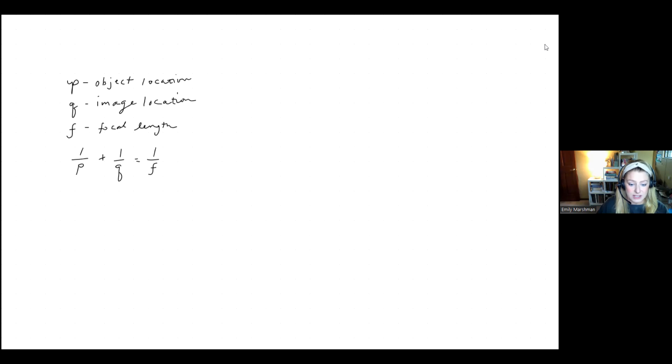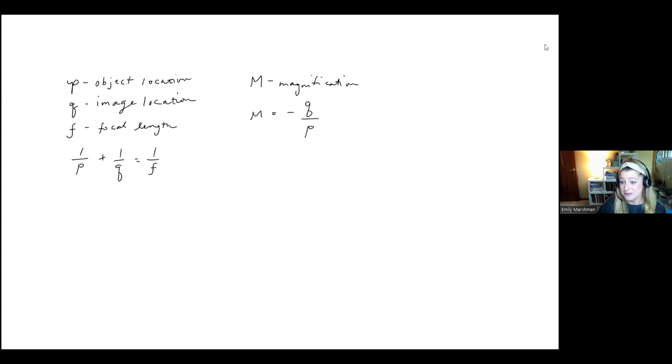Another important equation that we will use throughout this is the magnification of the image, capital M. And that equation is equal to negative Q, image distance, divided by P, object distance.